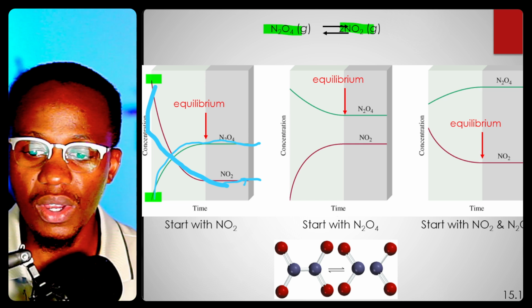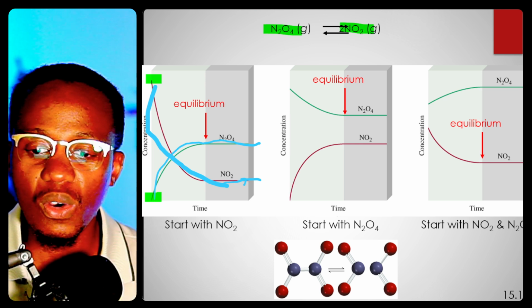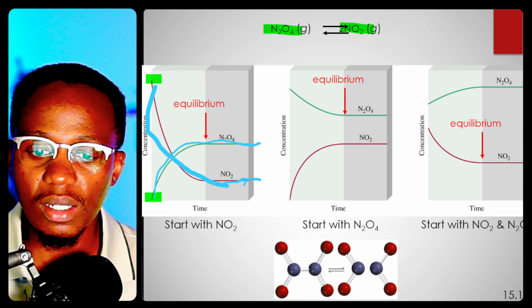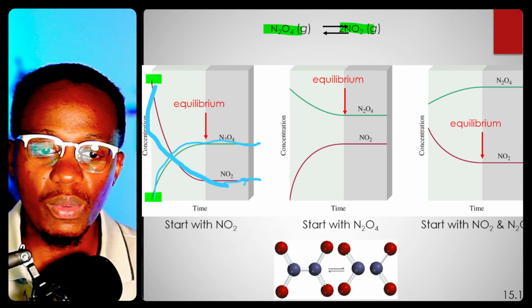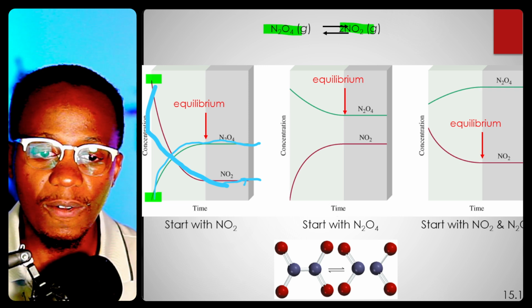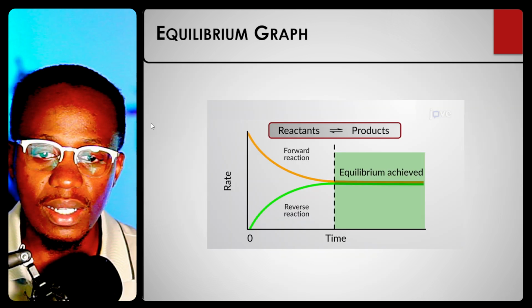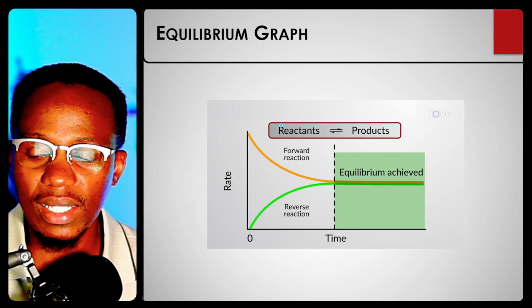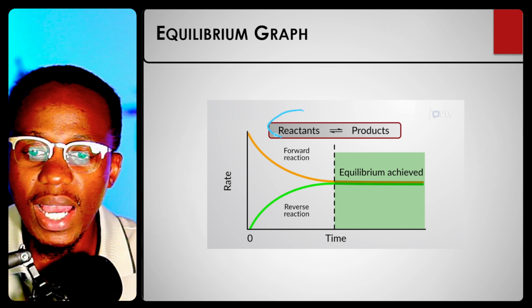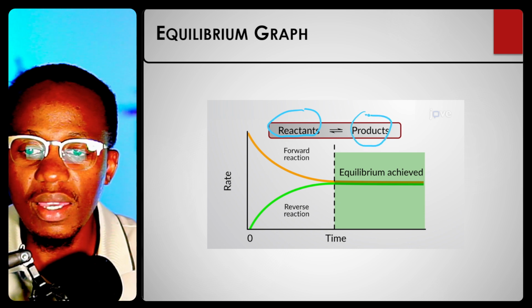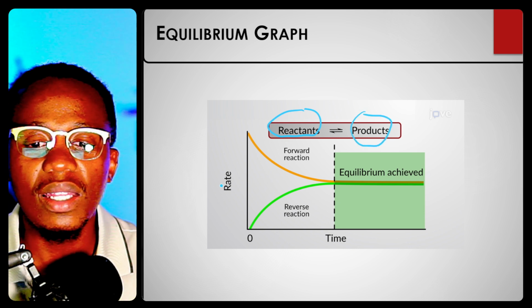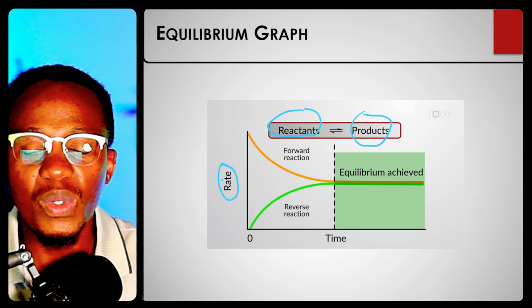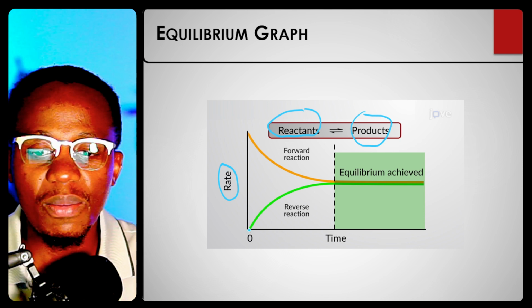So this is an equilibrium graph when it comes to concentration, but let me show you a graph when we are looking at the rate, right? The rate of formation. And again, this is what confuses people, right? Reactants and products, even though the concentrations are different, the rate here, which is the speed, is the same, right?